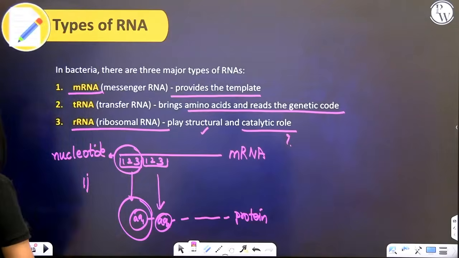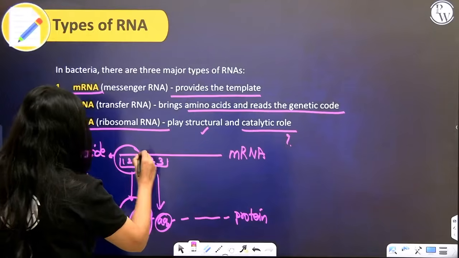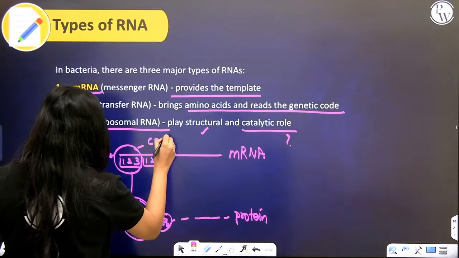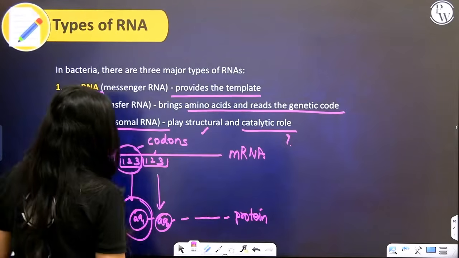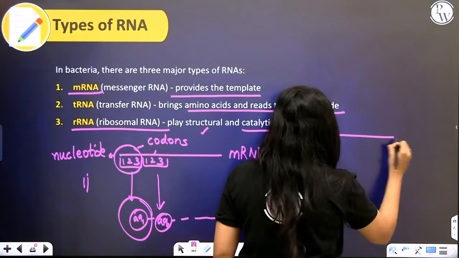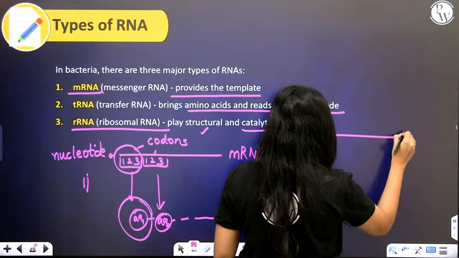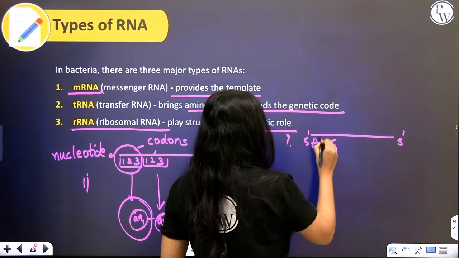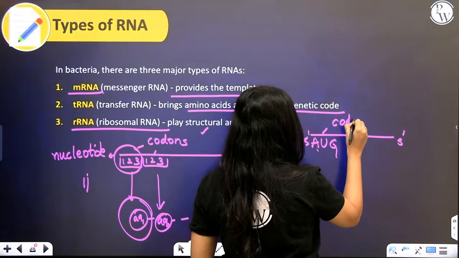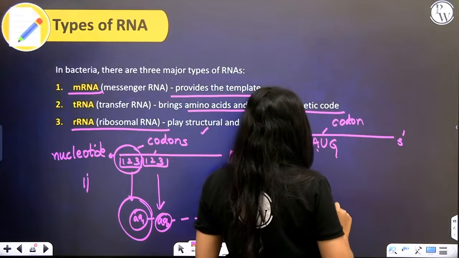Similar to how in mRNA you have these codons, in tRNA you have anticodons. Let me give an example. Let's say this is an mRNA. Let's take AUG. We already know AUG codes for methionine. AUG is the codon that you have in mRNA.